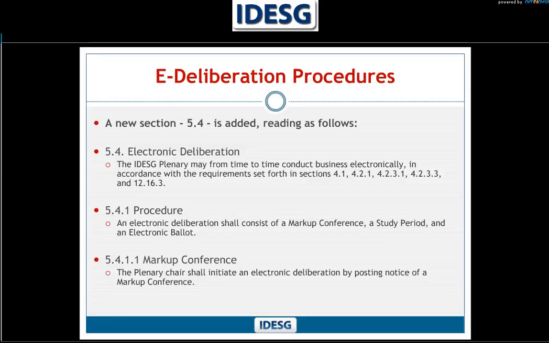So again, the text for the e-deliberation procedures is on the screen in front of you. The basic idea of these procedures is to mimic the structure that we have already got in the Rules of Association for deliberations on proposals that are put before the plenary. And you'll recall that in the in-person meetings we have this sort of two-phase procedure whereby there's a first reading and that is essentially a consensus deliberation.